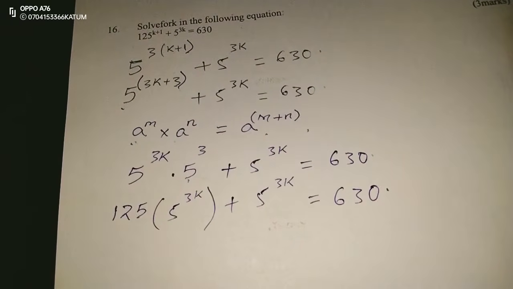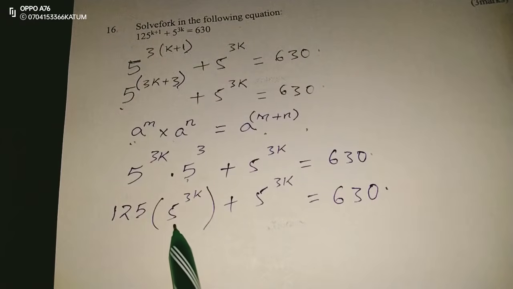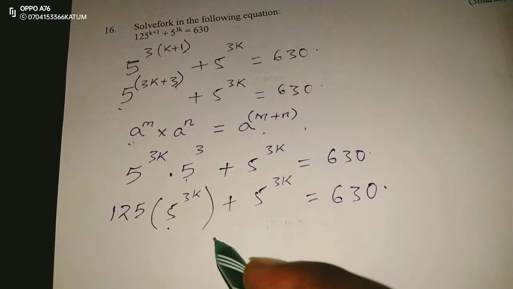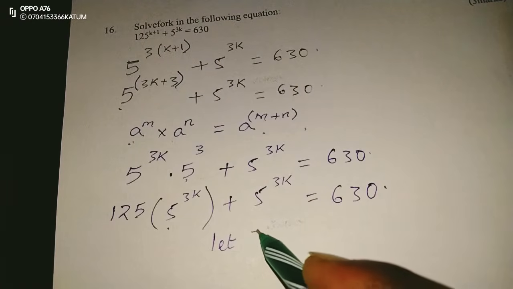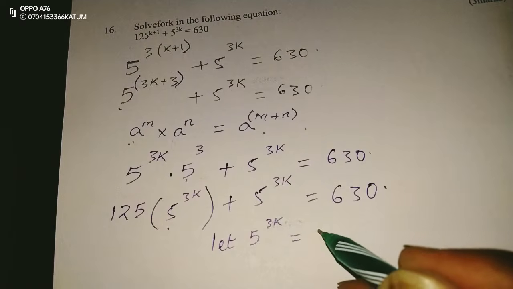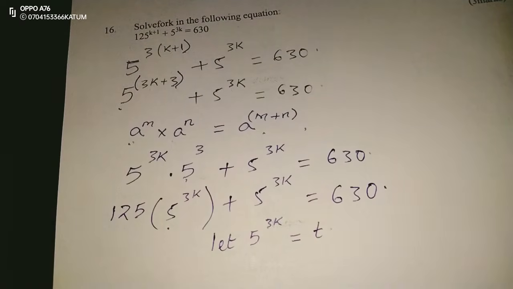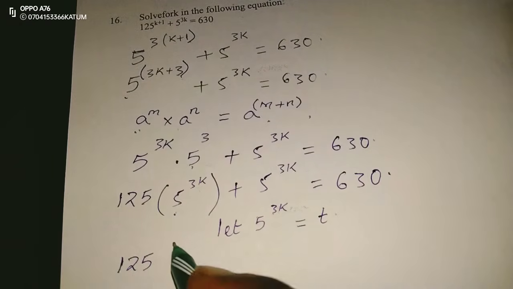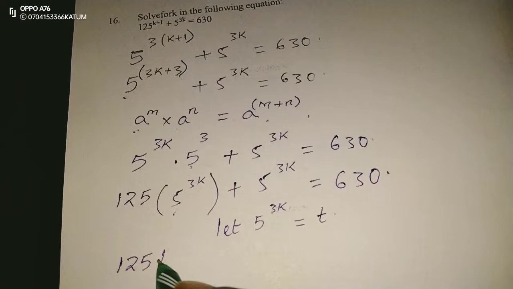So now, because 630 cannot be expressed to base 5, and 5 raised to 3k is appearing twice, we can let 5 raised to 3k be something like t, so that we have 125 t instead of 125 times 5 power 3k, plus again t.